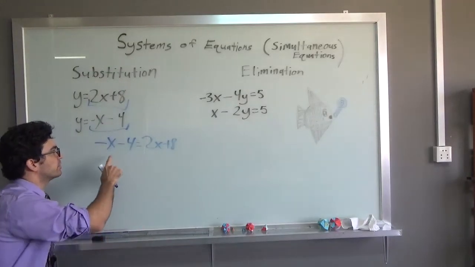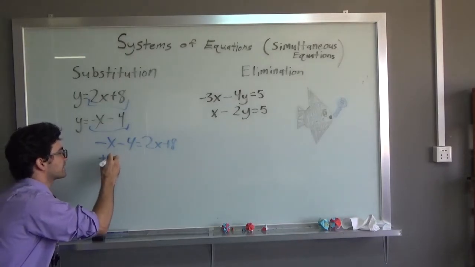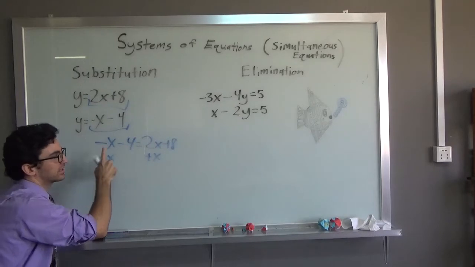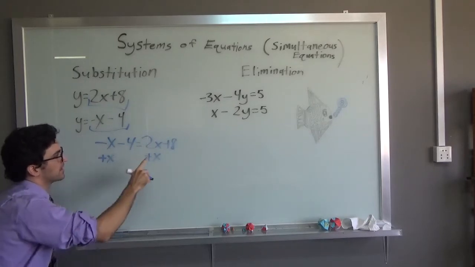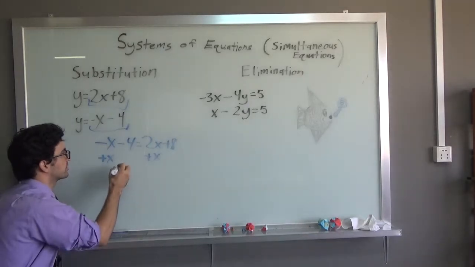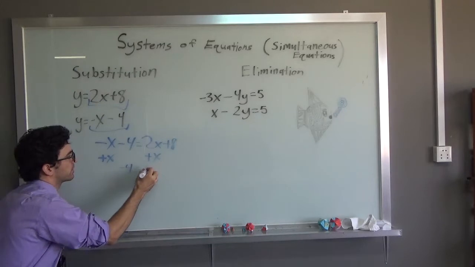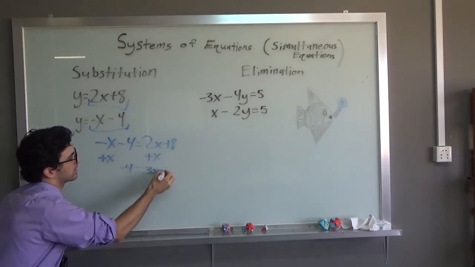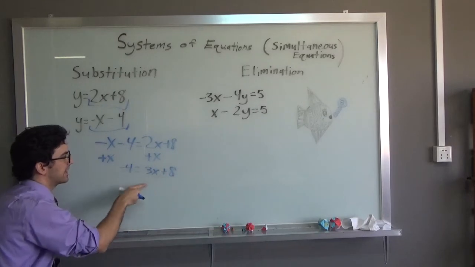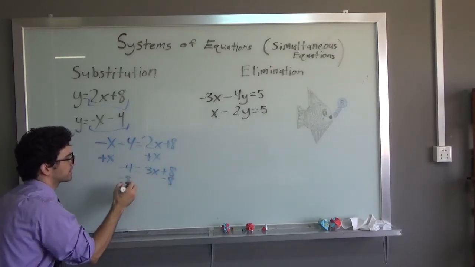I'm going to move this x to this side. I'm going to add x to both sides. It's a negative x here, positive x here. Let's rewrite our equation. We have negative 4 equals 3x plus 8. Now I want this 8 to come to the other side, so we will subtract 8 from both sides.